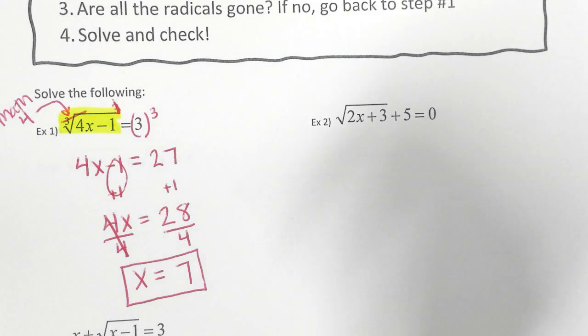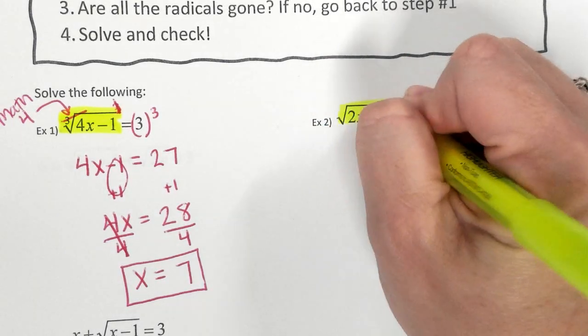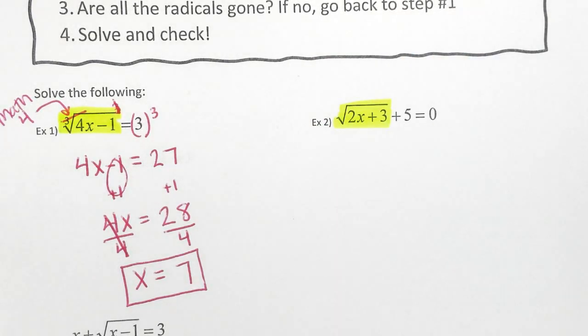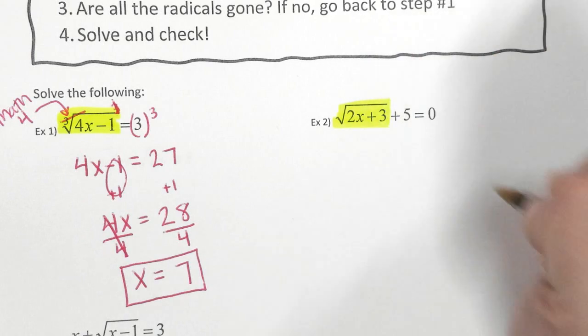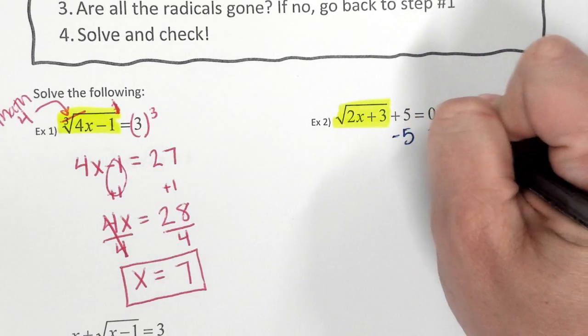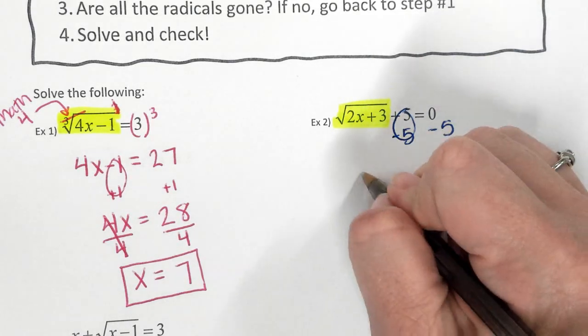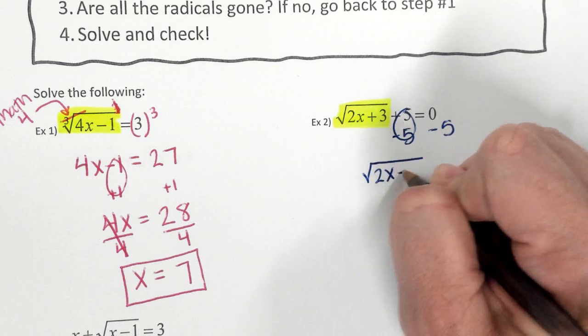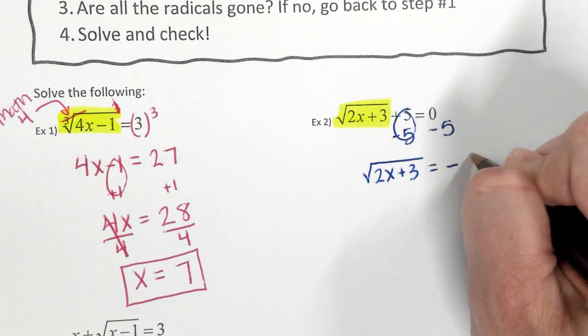Okay, so let's look at example 2. What do we do? We're going to subtract 5. We have to get our radical alone. So we're going to subtract 5 from both sides. And we get the square root of 2x plus 3 equals negative 5.